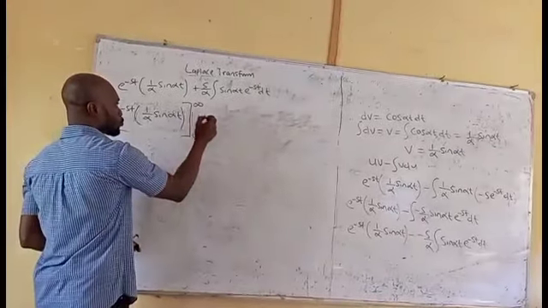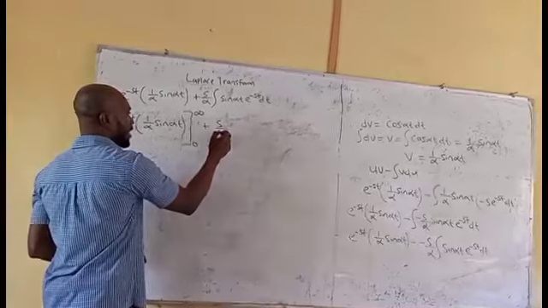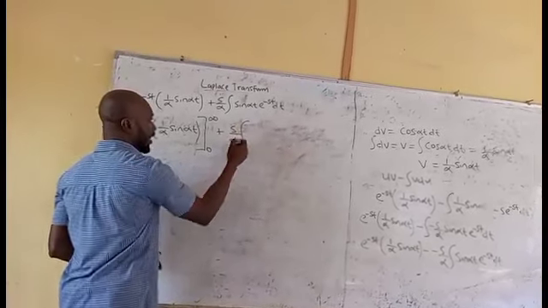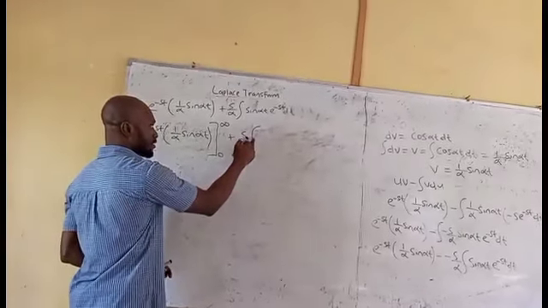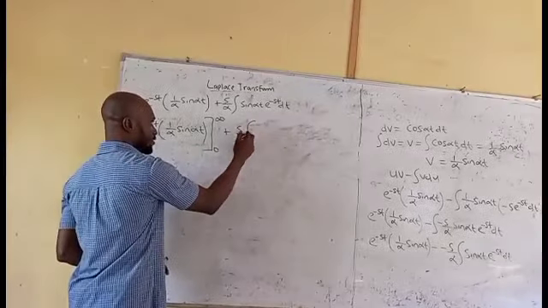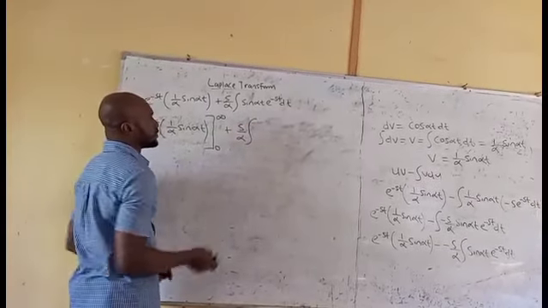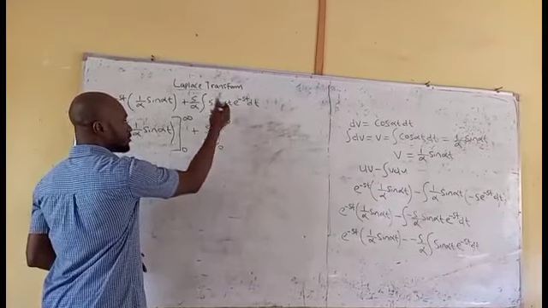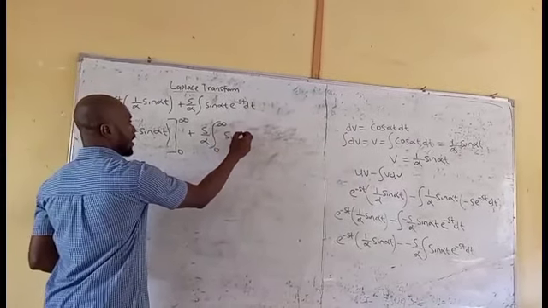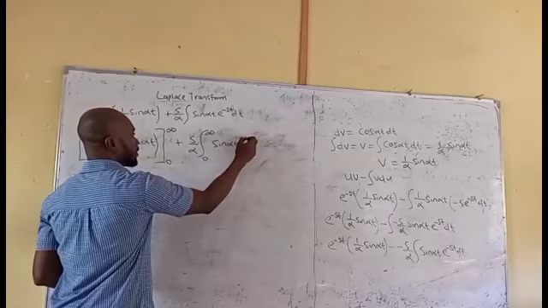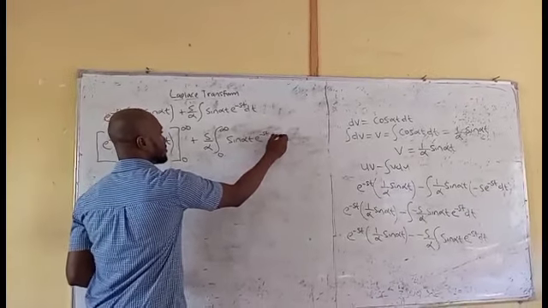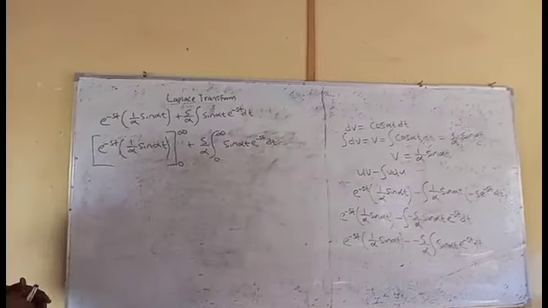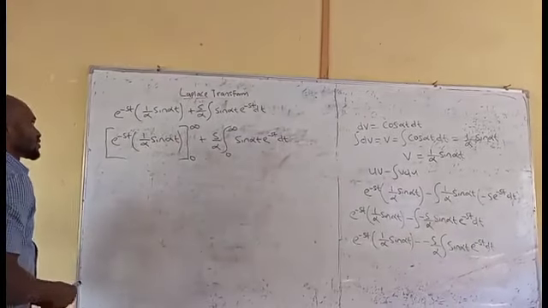Then I have plus s over alpha. Then this is my integration sign, still with the limits 0 to infinity. So I have my sine alpha t exponential minus st dt. So this is what I'm going to get.